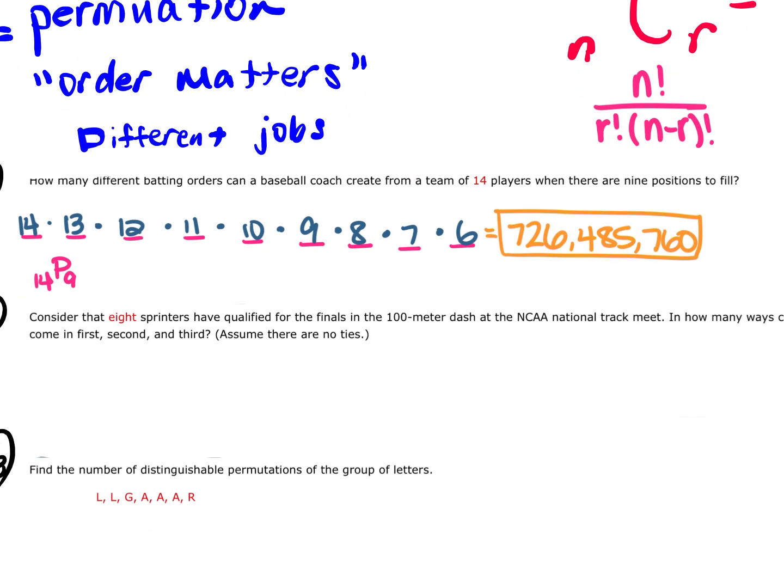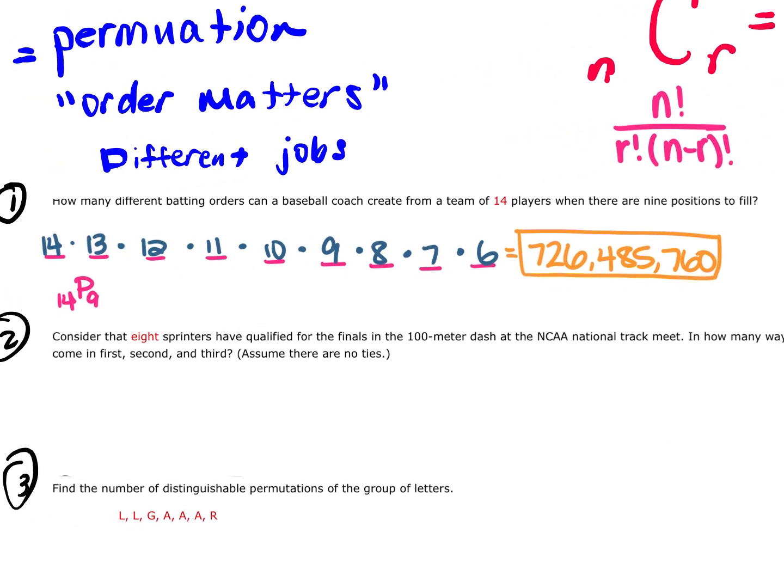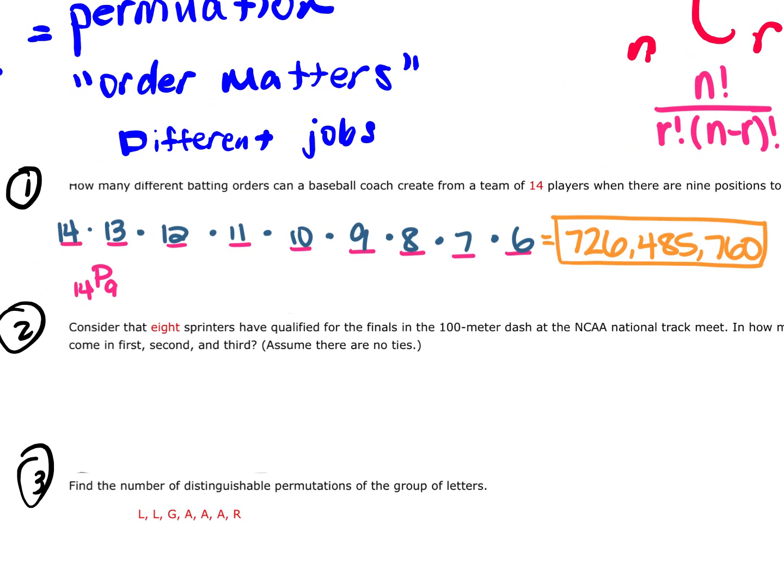For number 2, it tells you to consider that 8 sprinters have qualified for the finals in the 100-meter dash at the NCAA National Track Meet. How many ways can the sprinters come in first, second, and third? For this one, again, your order matters, so you would use a permutation. Or you would say to yourself, there's 8 sprinters, 3 of which are getting first, second, and third.